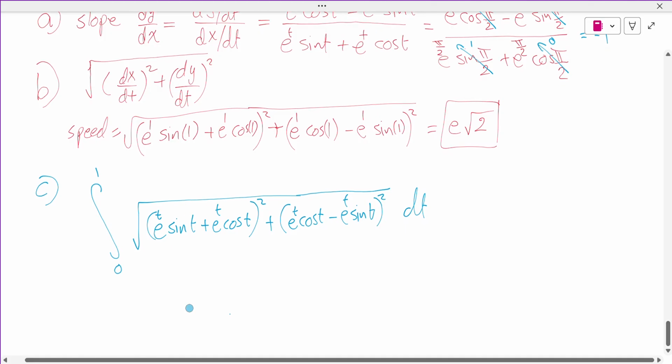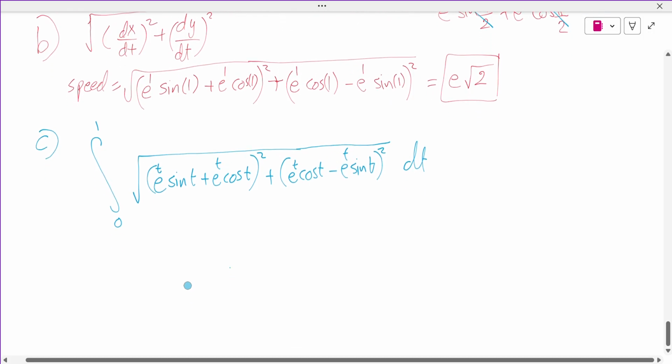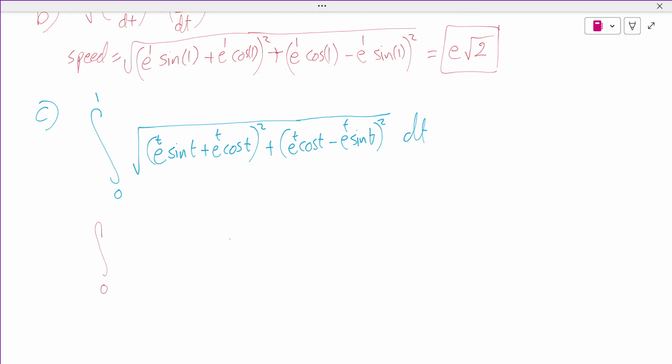So we can actually do it manually by expanding the two brackets. So this is the definite integral from 0 to 1 of the square root.